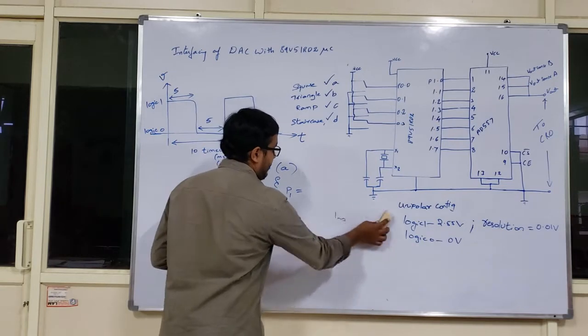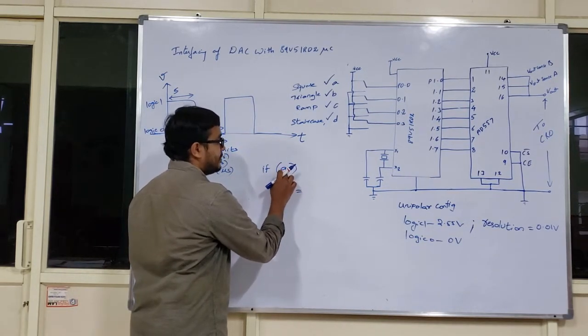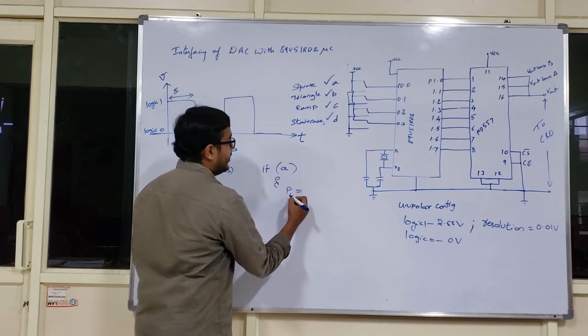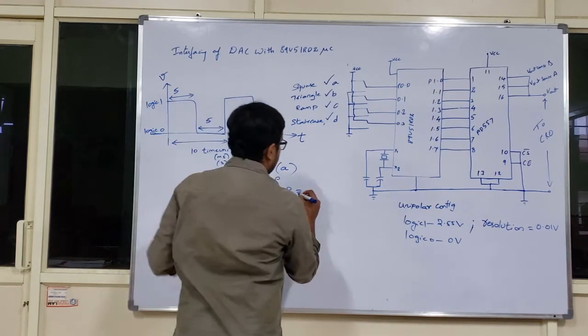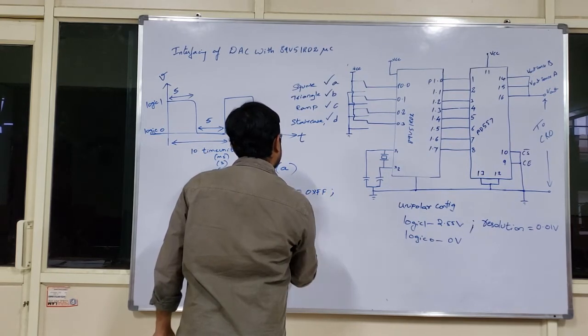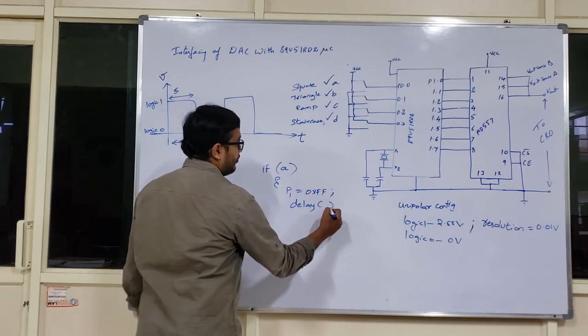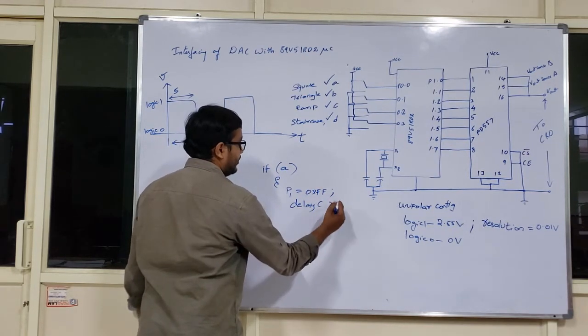Very easy. Now if subswitch A is enabled, the initial value of P1 for your square pulse is logic 1, that is 0xFF. This has to be present for a certain amount of time, that is a delay of some duration or some time unit.